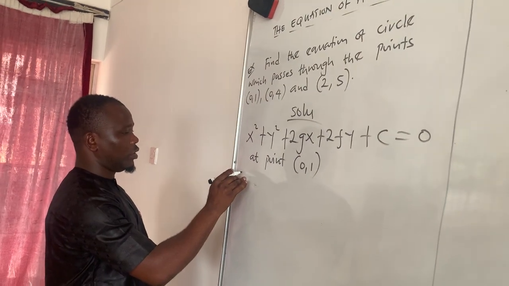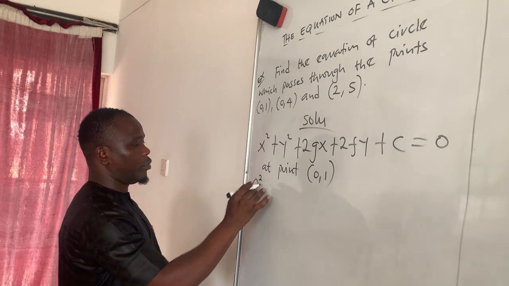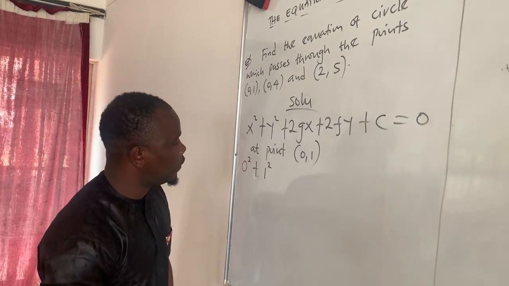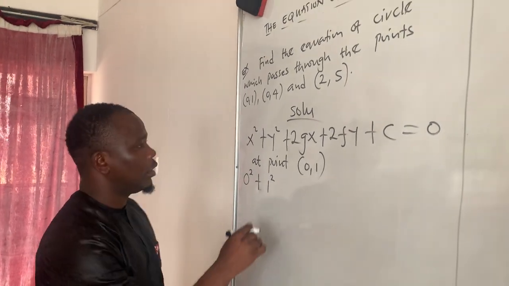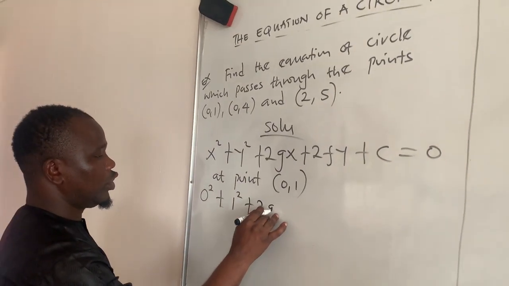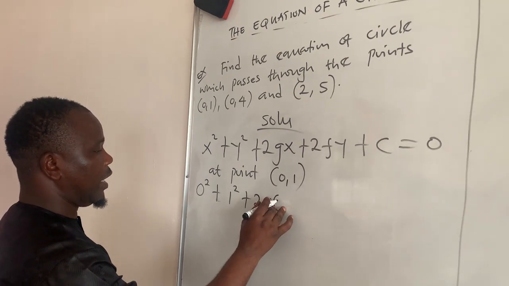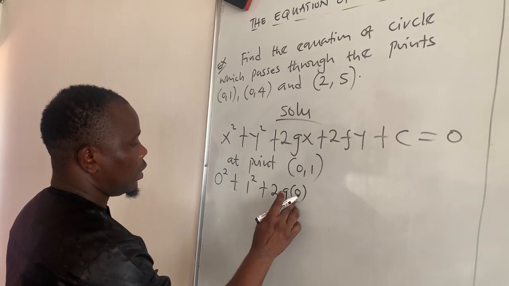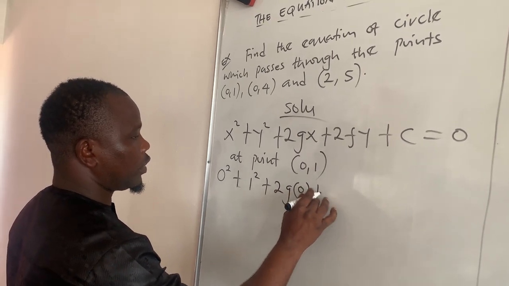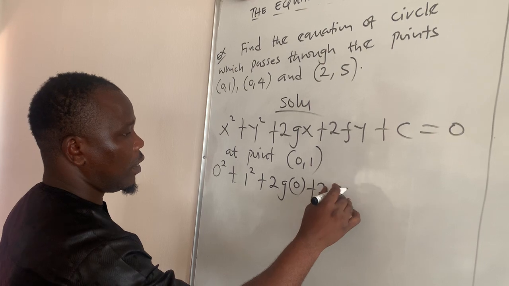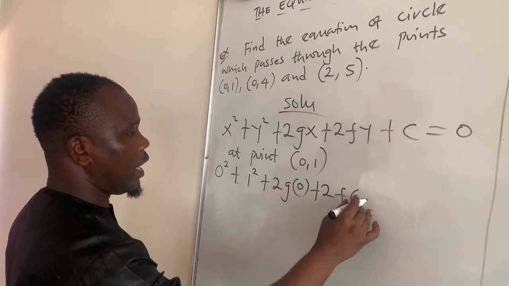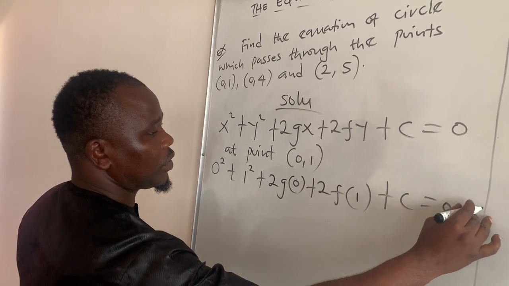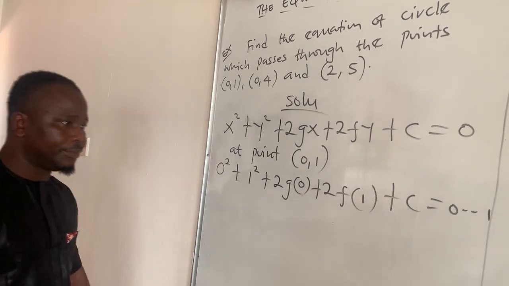It means the equation will be in this form: 0 raised to the power of 2 plus 1 raised to the power of 2, plus 2g, since our x is 0, 2g all in brackets 0, plus 2f all in brackets, our y is 1, plus c equals to 0. We assume this one to be equation 1.